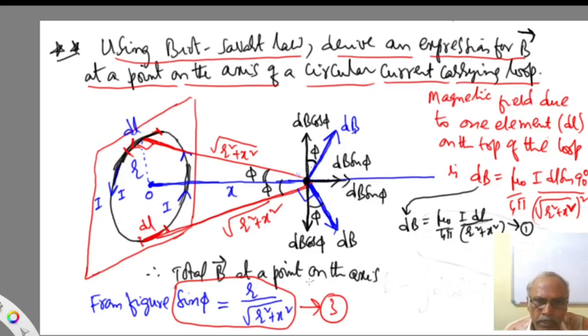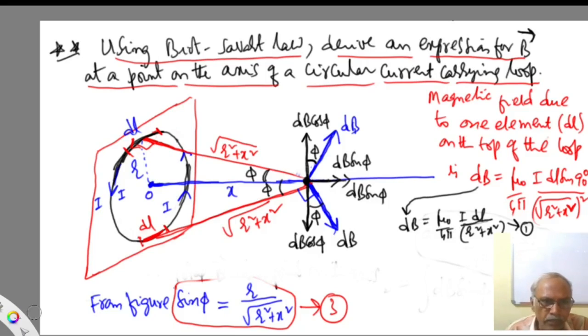Now, the total magnetic field at a point on the axis is equal to the integration of all dB sin phi.